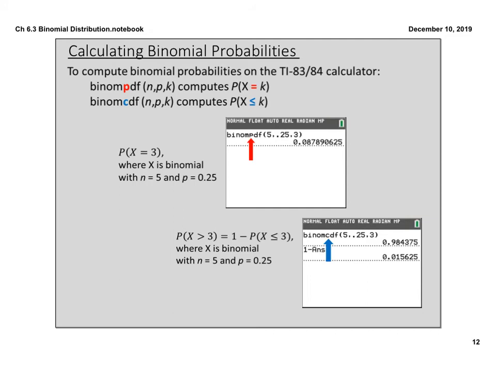Just like we could do that for normal distribution, we can also do that for binomial distribution. So you find this option of binom PDF and binom CDF in the same distribution menu on your calculator. So binom PDF and binom CDF.